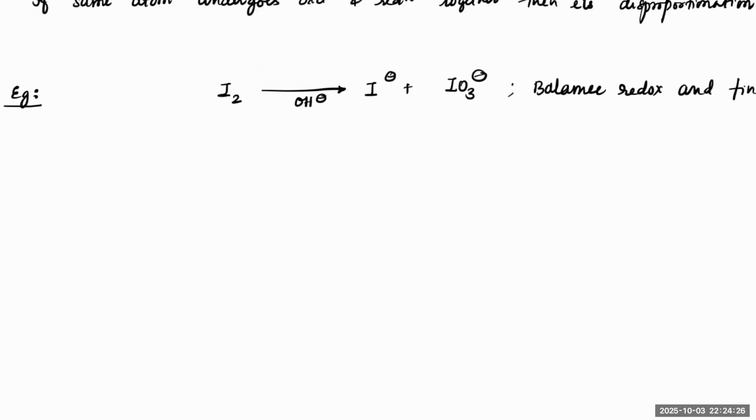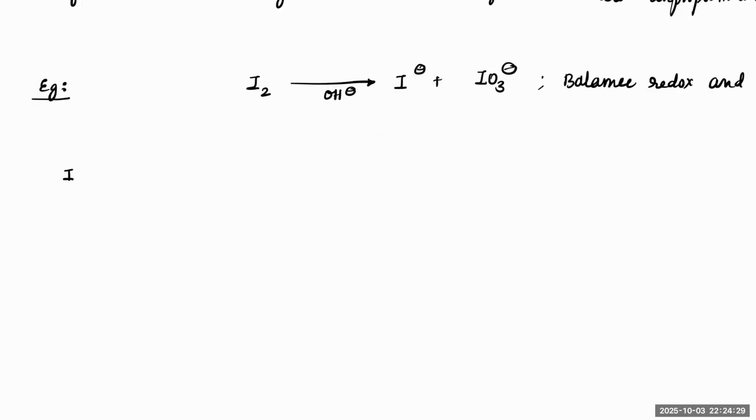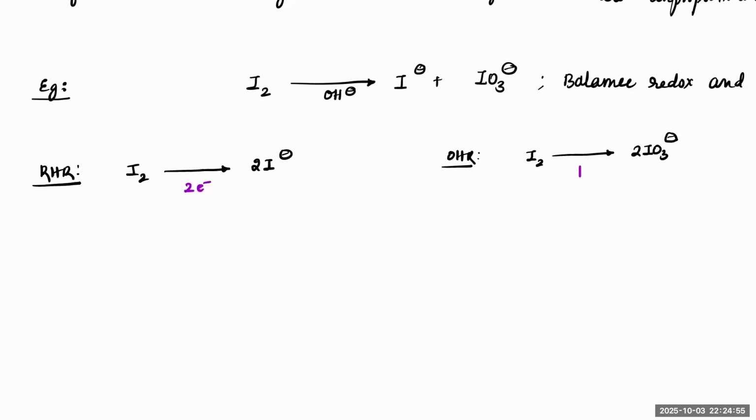Now what I'll do, first I'll write the RHR and OHR as usual. So I2 will first convert into 2 moles of I minus. This is RHR. OHR will be equal to I2 converting into 2 moles of IO3 minus. So the number of electrons transferred in this case are 2 electrons. Number of electrons transferred here are 10 electrons, because here it is 0, here it is plus 5 for one iodine.